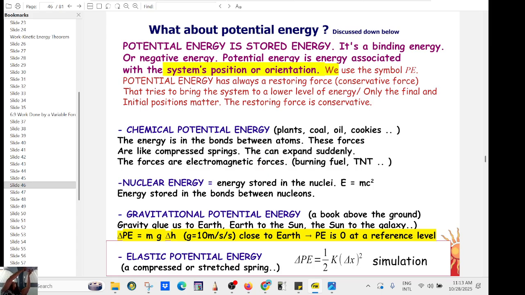So that will be the potential energy relative to the table. It's always relative to something. Okay, so the energy is stored into the configuration. And then you have elastic potential energy, which is 1/2 k delta x squared.